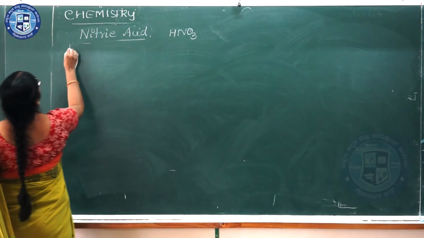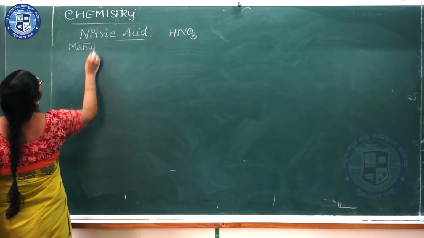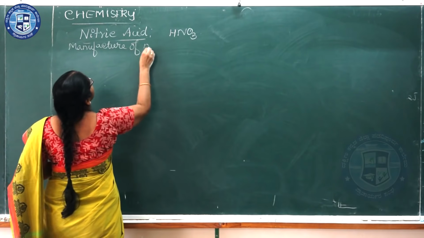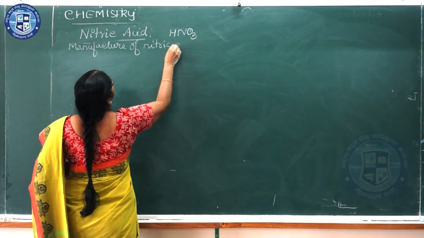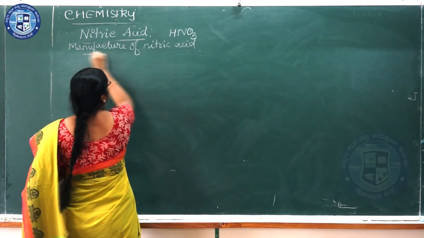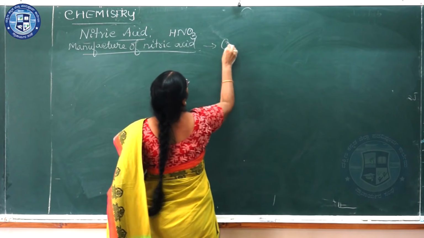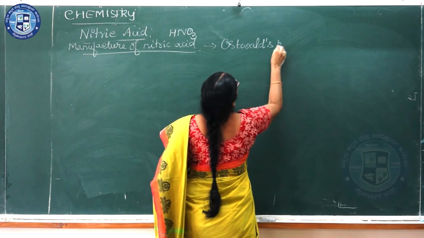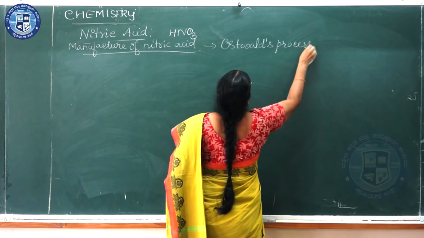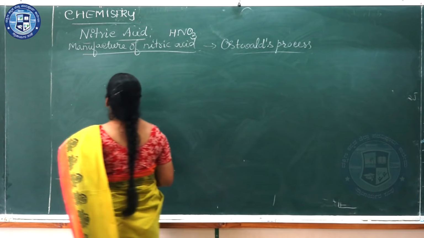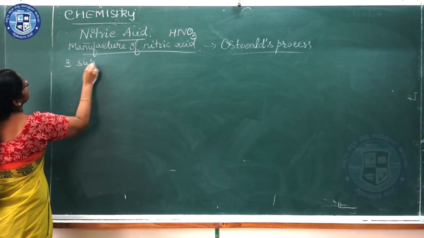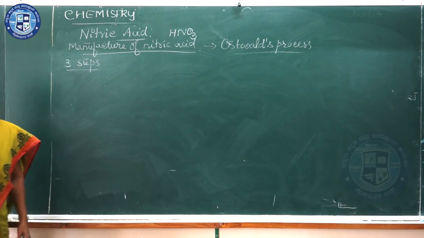So the manufacture of nitric acid by Ostwald's process is an important preparation method. So there are 3 steps in the manufacture of nitric acid.